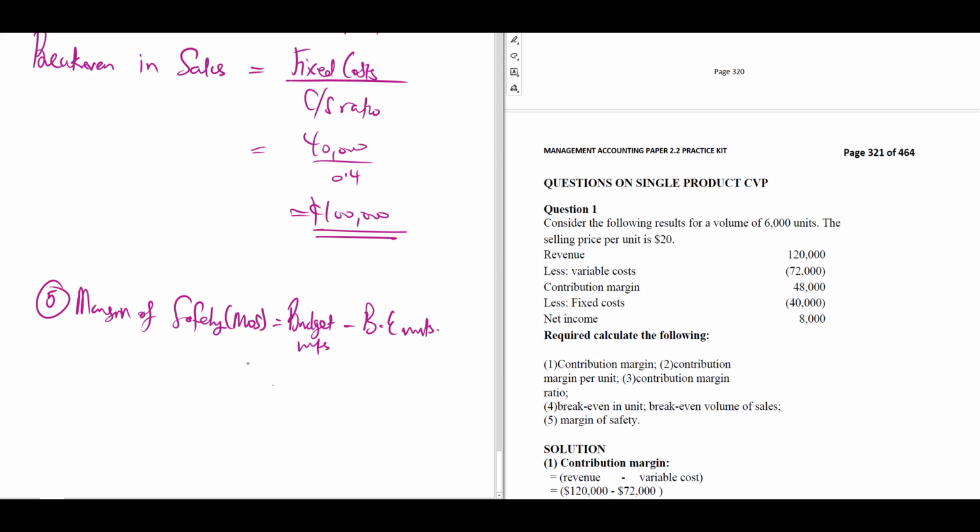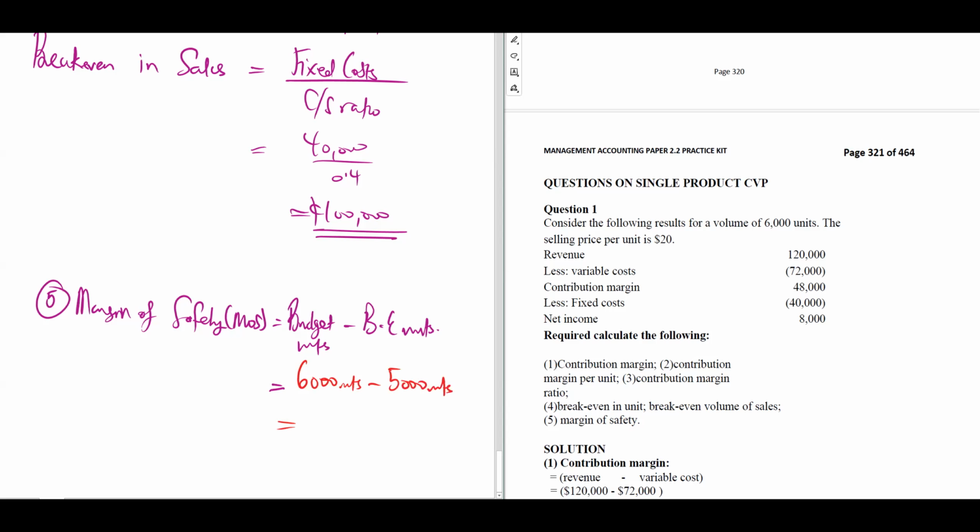What was our budgeted unit? In the question, they had already done their budget, right? Everything was based on the budget. That's 6,000 units minus break-even units, which was 5,000 units.